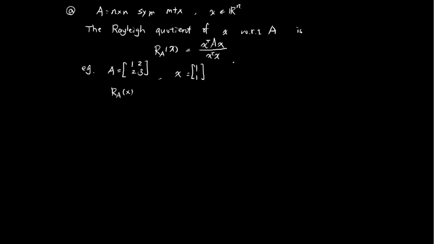Let's do it one by one. First is the numerator. In the numerator you make the x horizontal on the left and the x vertical on the right, and put the A in between.